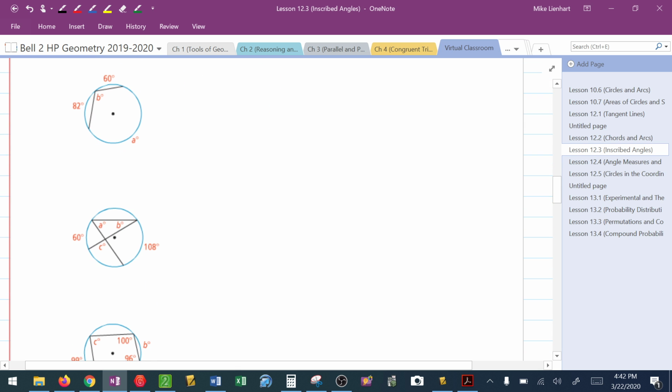Take a look at this second example. I have to be able to find A and B. Well, the first thing I got to do is be able to find A. I know that A can be found by taking 360 all the way around the circle minus 142, which is what 82 and 60 would add up to.